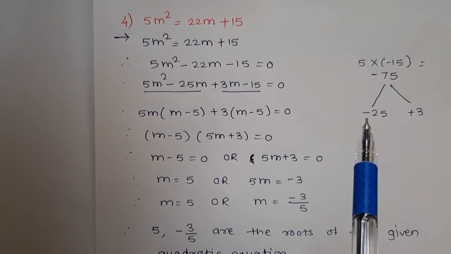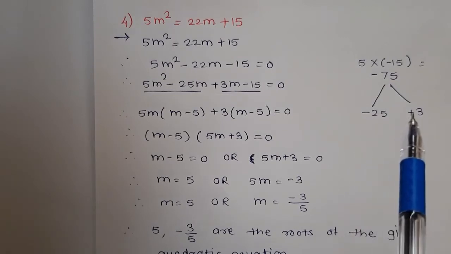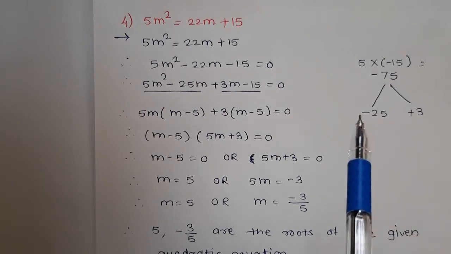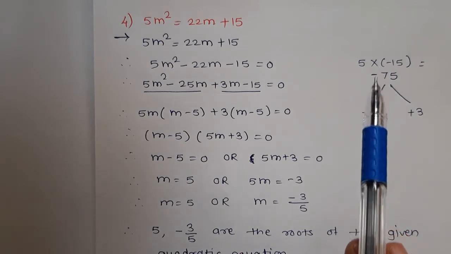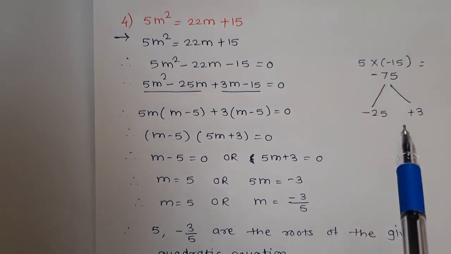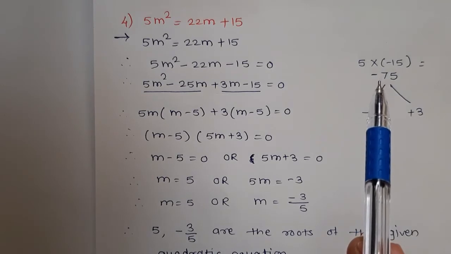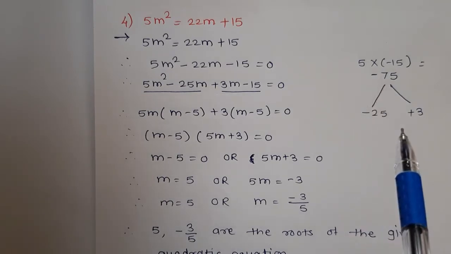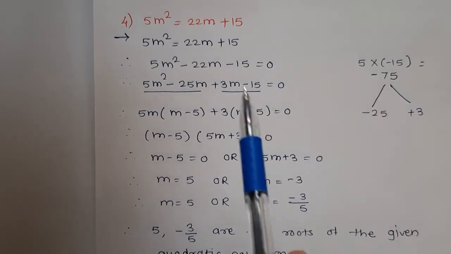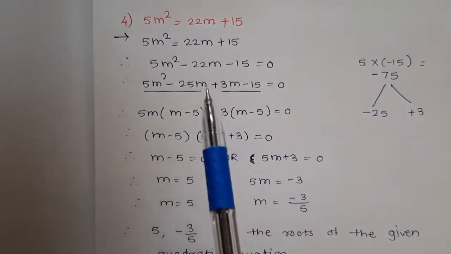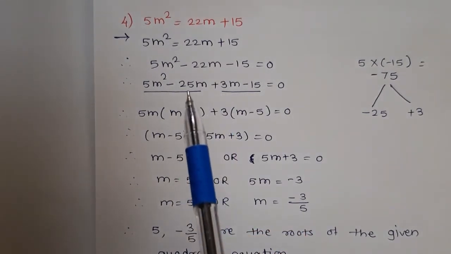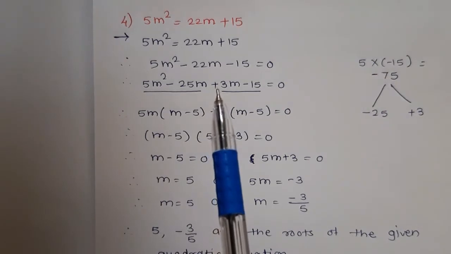So here minus 25 and plus 3. Plus minus becomes minus. So minus 25 into plus 3 equals minus 75, and minus 25 plus 3, their sum equals minus 22. So the two numbers are minus 25 and plus 3.